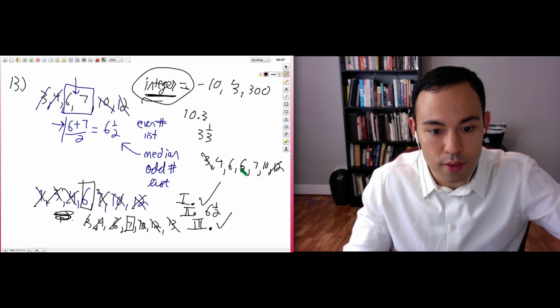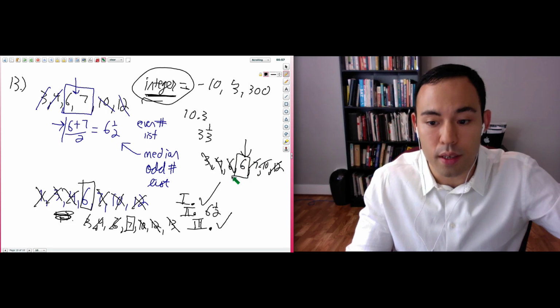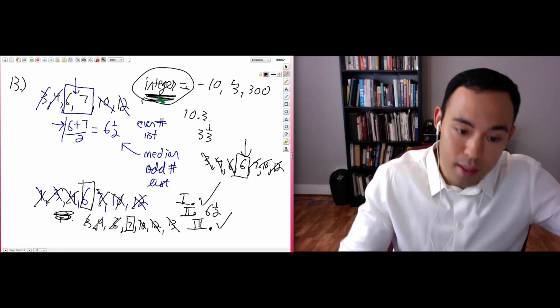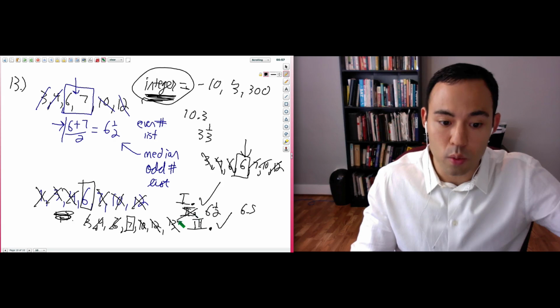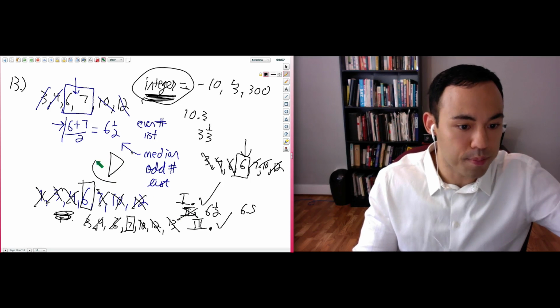Start lopping off the ends again. And because it's an odd-numbered list, we're never going to have to take the average of 2 numbers. It'll always be just a single number, and that number has to be an integer, so it can never be an expression like 6.5. So we're left with just 1 and 3, which is answer choice D.